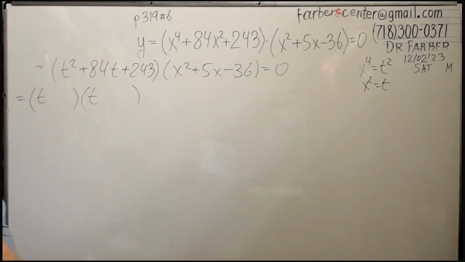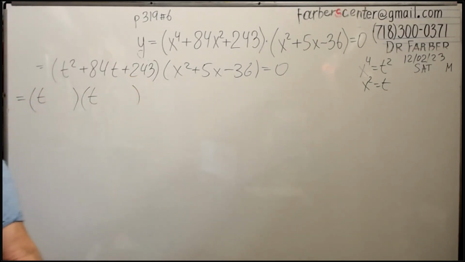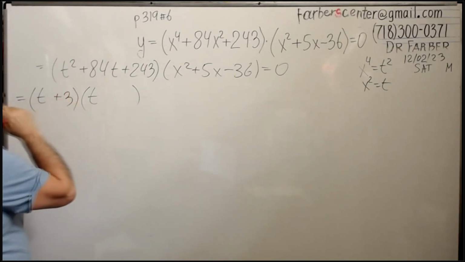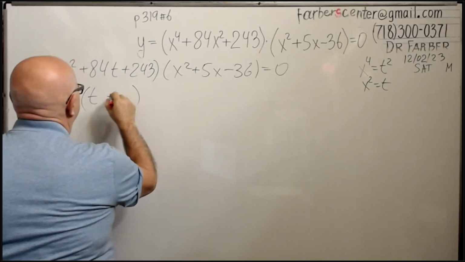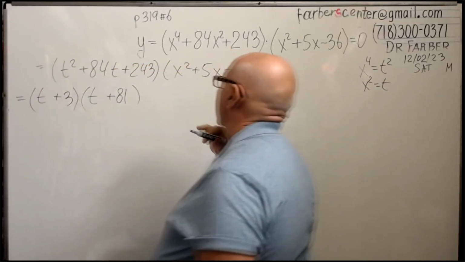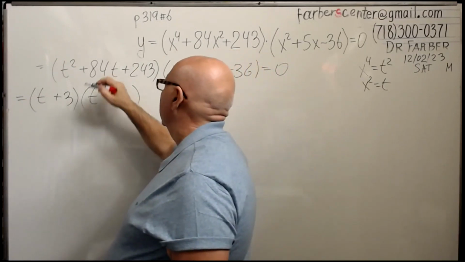The product of two terms equals 243 and the sum equals 84. It would be 3 and 81. 3 times 81, 243, and 3 plus 81, 84.